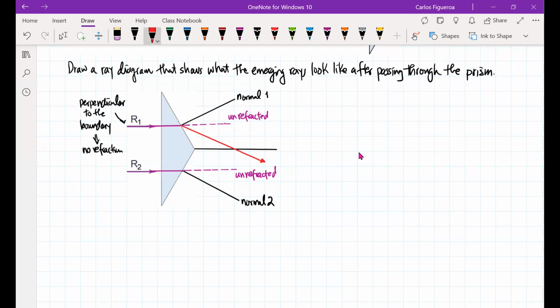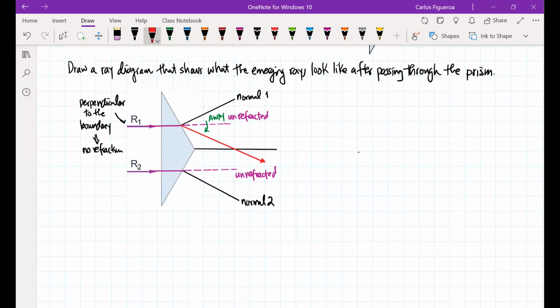And look what it's doing. It's bending away from the normal. And the same thing also has to happen to this other ray. It has to bend away from the normal.